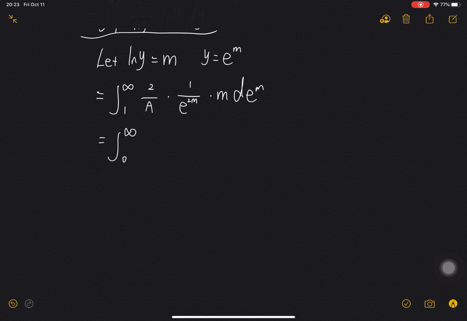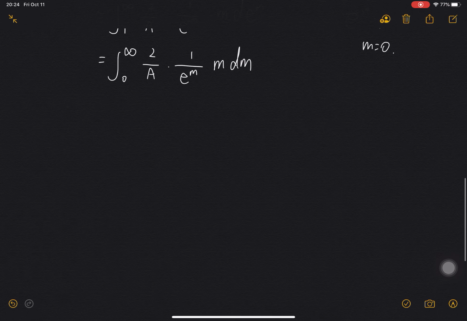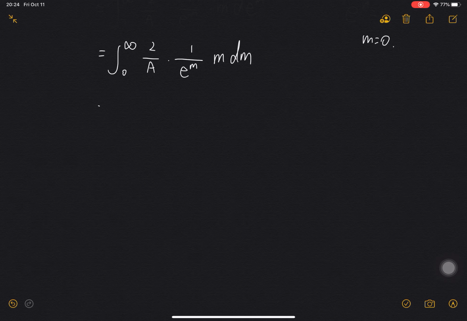It goes from 0 to infinity, because now we have to do the integral with m, right? Not e to the m. When e to the m equals 1, m equals 0. So this part we started from 0. And then we can have a function like a over 2, a over 2 equals 1, and a equals 2. Okay.